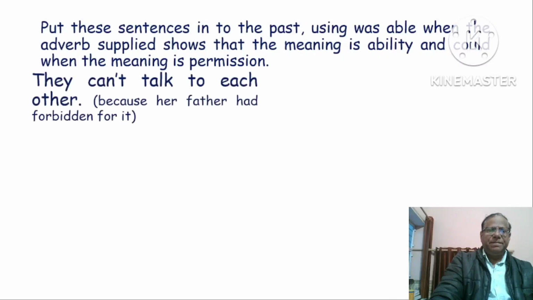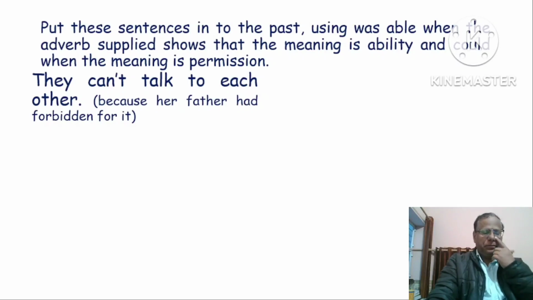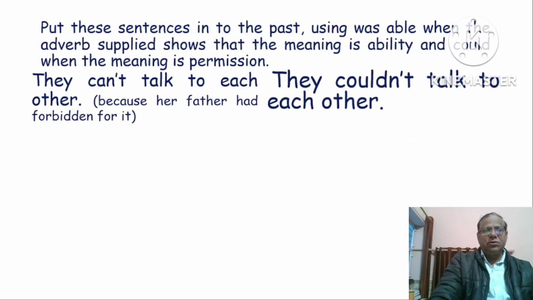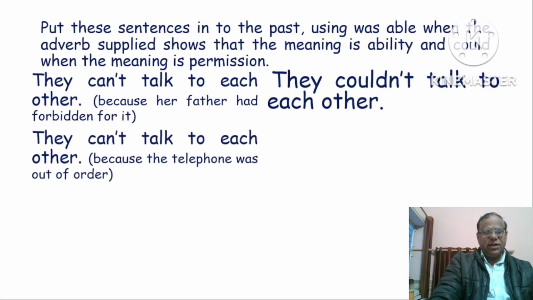Now, they can't talk to each other because her father had forbidden it. Now permission is not granted. The father has forbidden it. So here they couldn't talk to each other. Next, they can't talk to each other because the telephone was out of order.